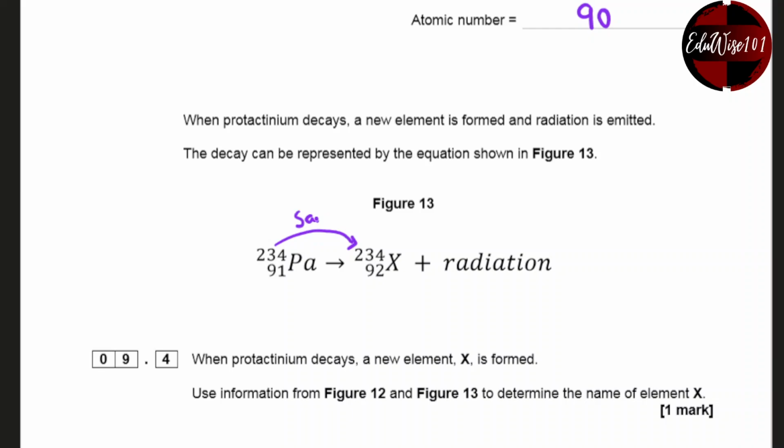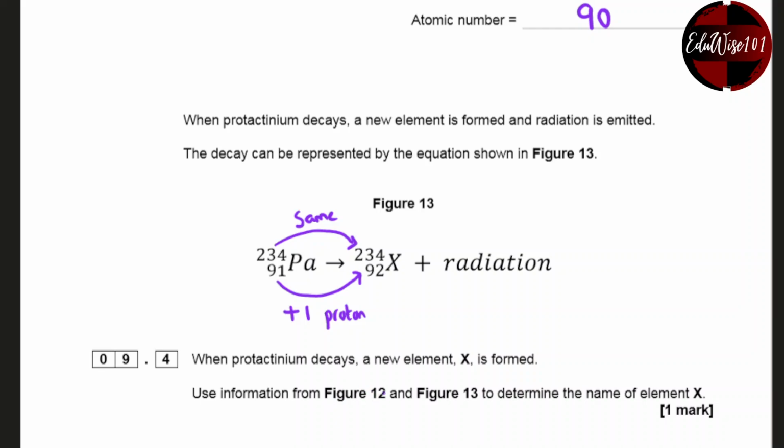What is happening to the proton number? The proton number is increasing by 1. Now, what type of radiation will cause the proton number to increase, but the mass number to remain the same?